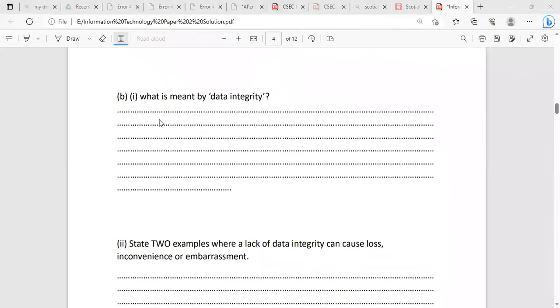All right, guys. So what is meant by data integrity? Type that in the comment section. So guys, data integrity is simply a means of protecting the database against invalid alteration.